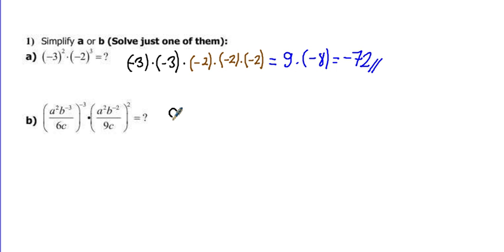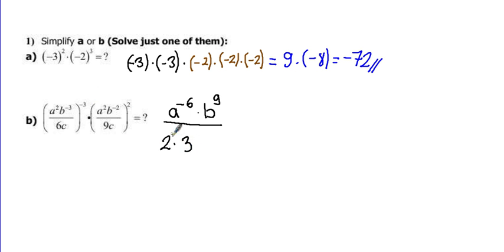a to the power of negative 6. Remember, power of power is multiplication. So b to the power of negative 3 times negative 3, which is 9, over. Here I have 6, and in the second parenthesis I have 9. It's better to write these numbers as their factors. So 6 I write as 2 times 3.